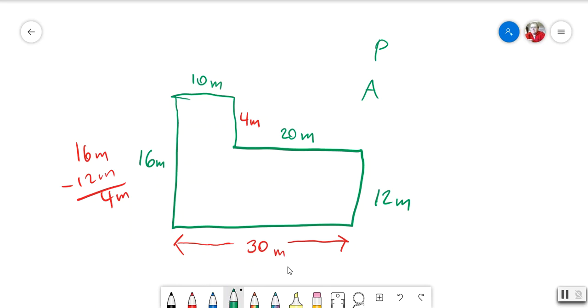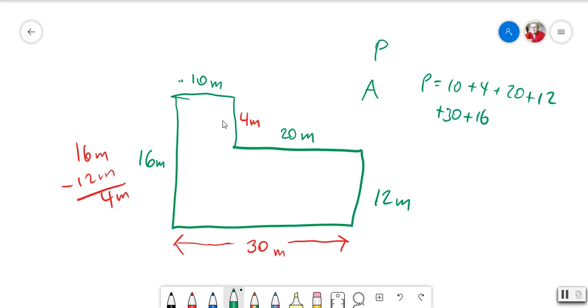So now perimeter is easy to do. If I start here, it's going to be 10 plus 4 plus 20 plus 12 plus 30 plus 16.